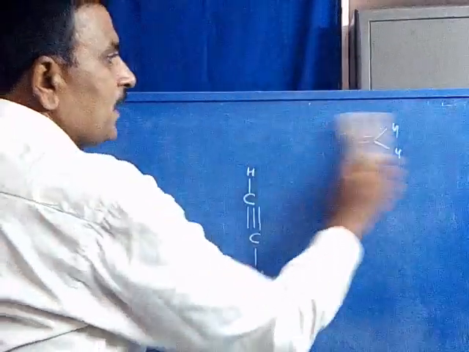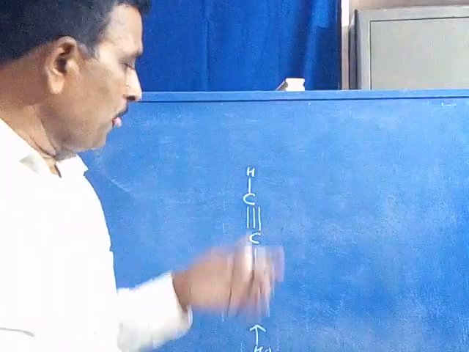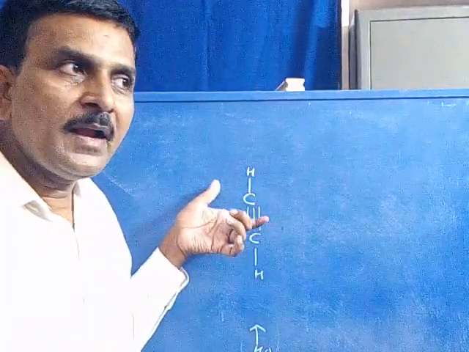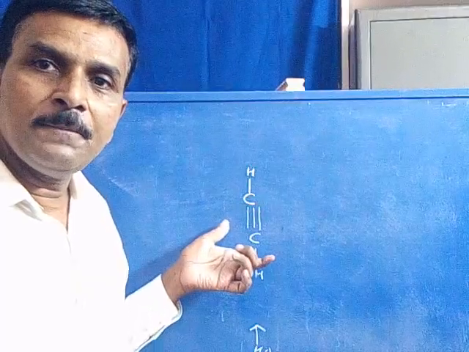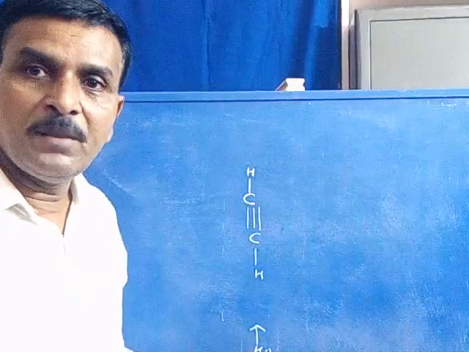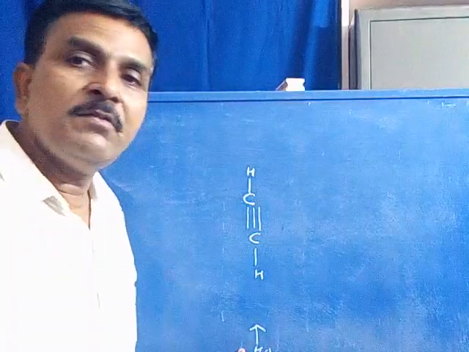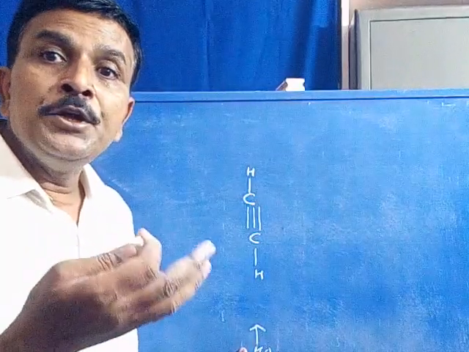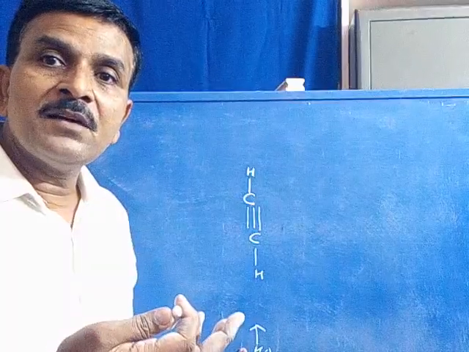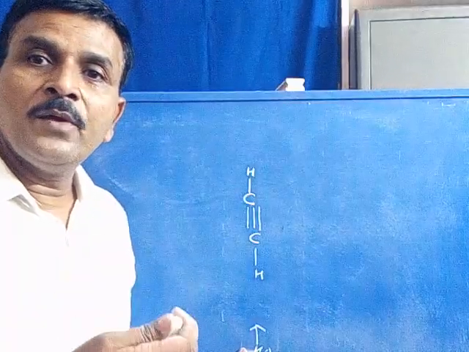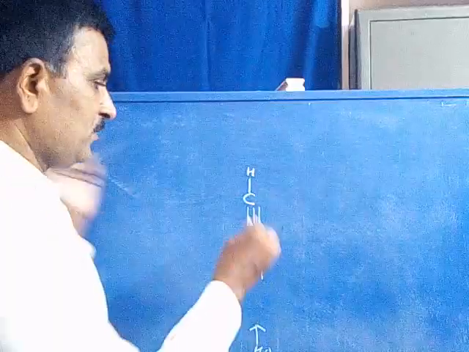Now coming to alkyne. An alkyne is linear and hence oriented vertically. Once H0 is applied, the external magnetic field can induce the pi electrons of alkyne to circulate around the vertical axis.